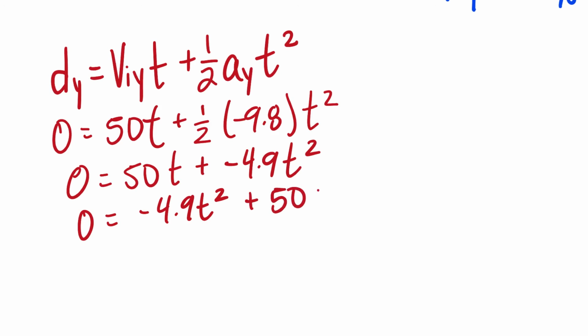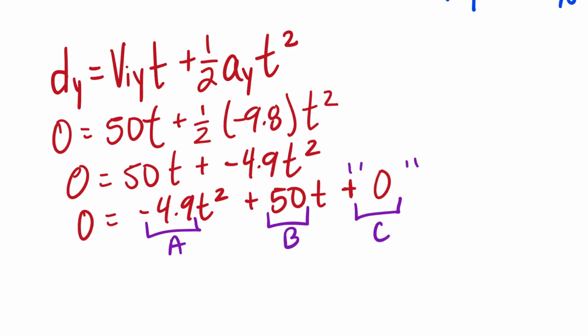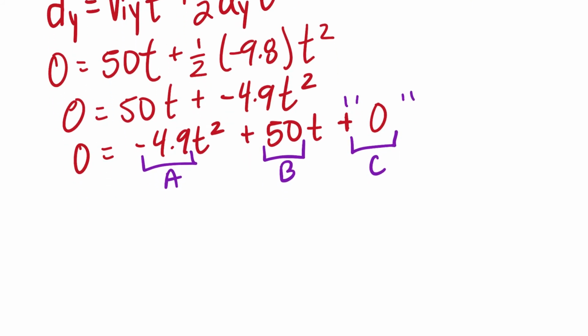We're just swapping these. And then technically, it's not here, but for the quadratic formula, you need something on the end, and that would just be 0 technically, even though you don't really need it. So then negative 4.9 would be A, 50 would be B, and then 0, technically, it's not really there, would be C. So now we can plug things into the quadratic formula.